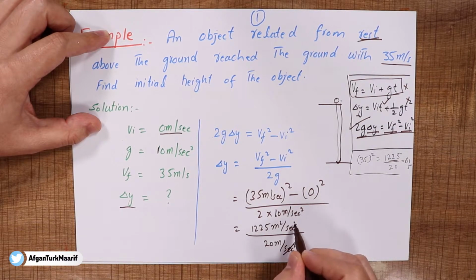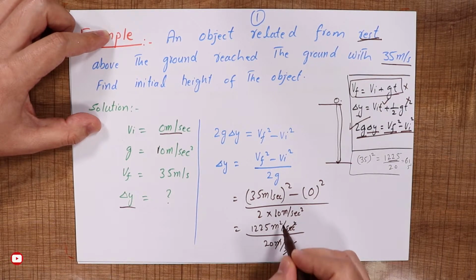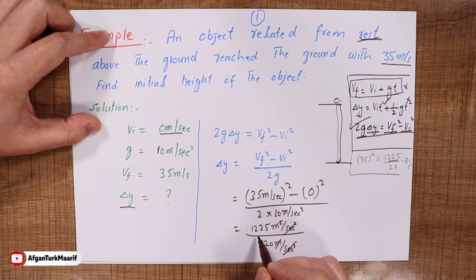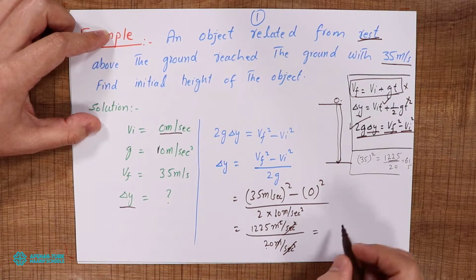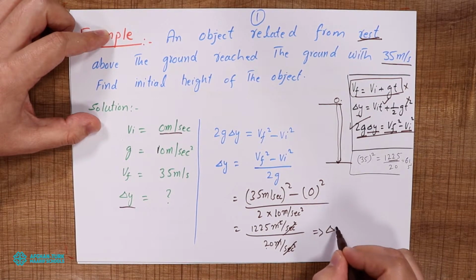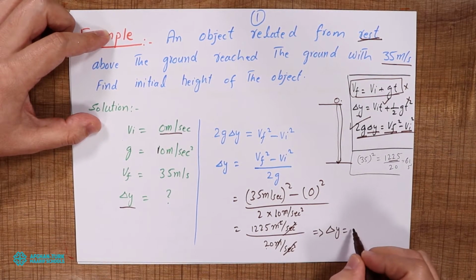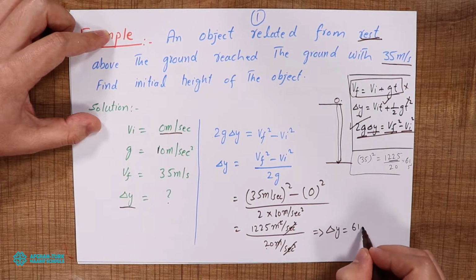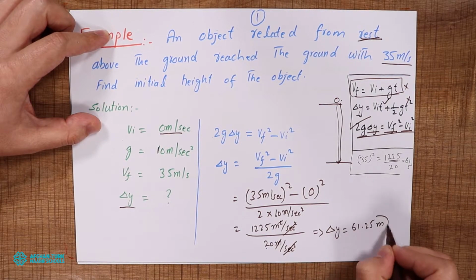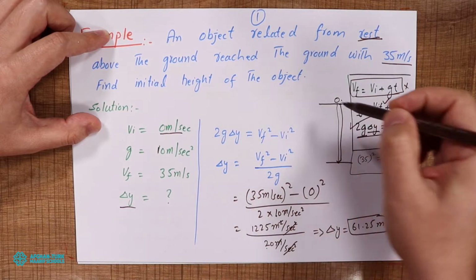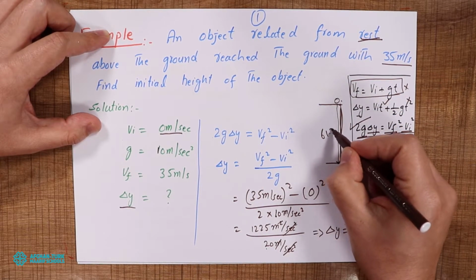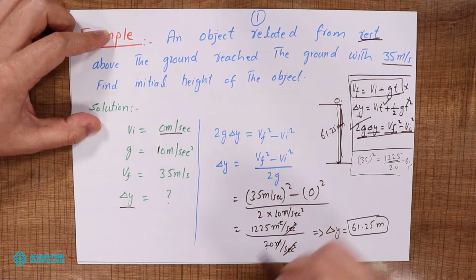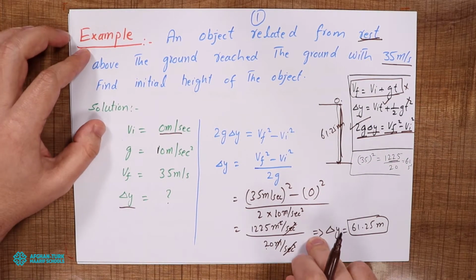So the units will cancel with each other. If we divide 1225 by 20, the answer, delta y, our height, is equal to 61.25 meter. So this is the height, which is equal to 61.25 meter. This is the solution of this example.